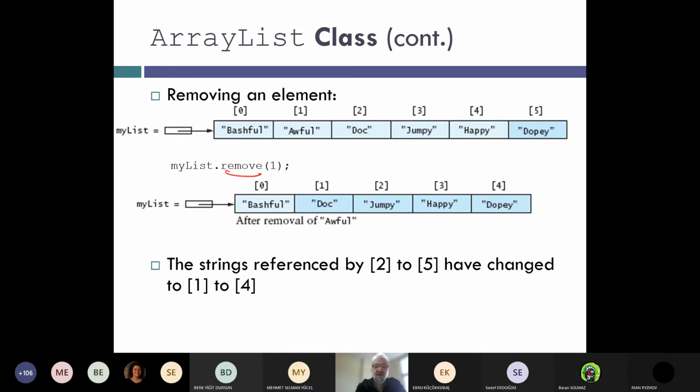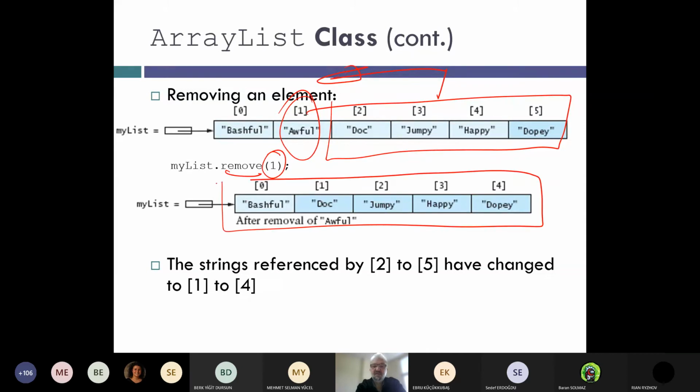For remove, you have to specify the index. For example, this one is going to be removed. So everything after it will be shifted to the left, and we are going to have this structure. Again, the indexes of these elements have changed, as you see.